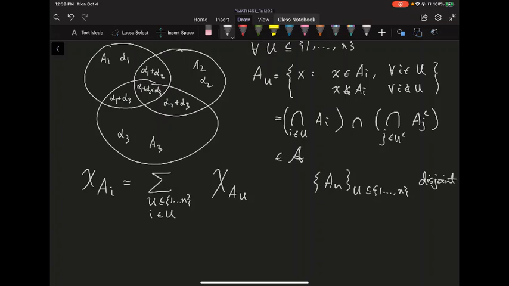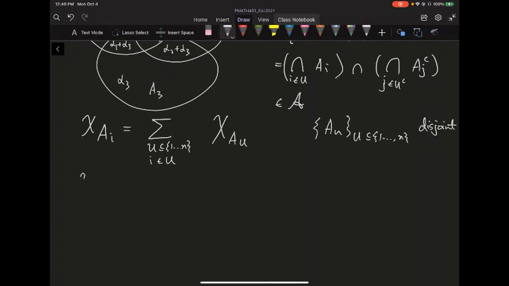Okay, so in other words, this f of x equals the summation of alpha i times chi of A i.